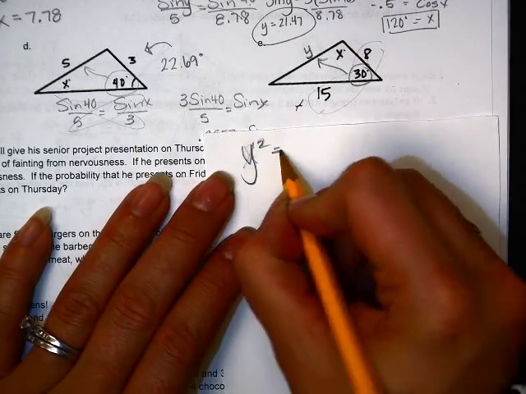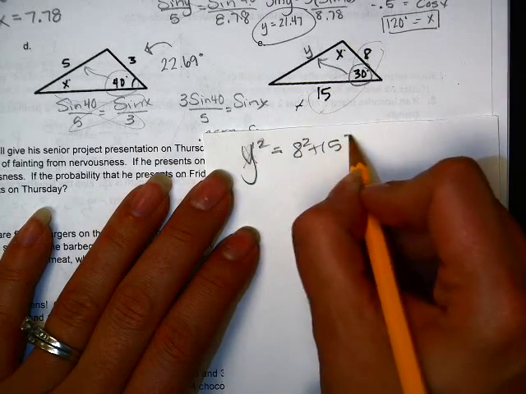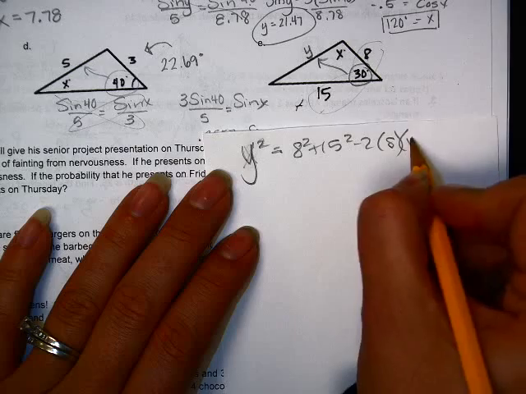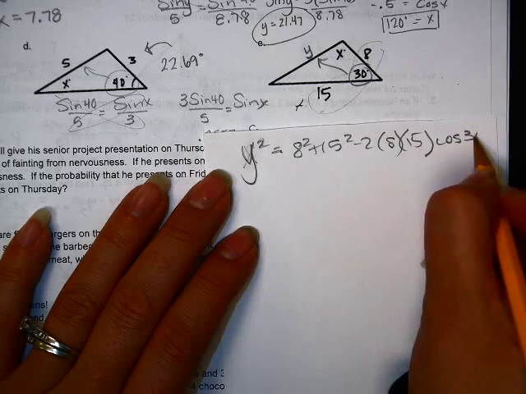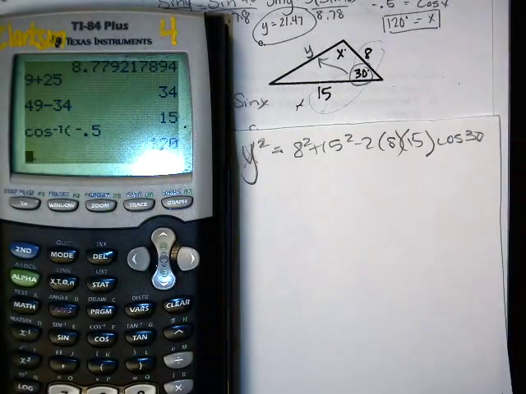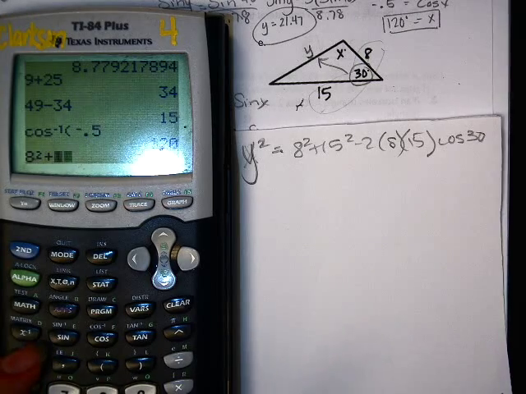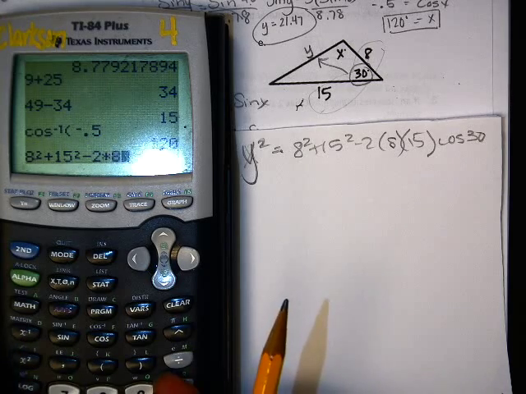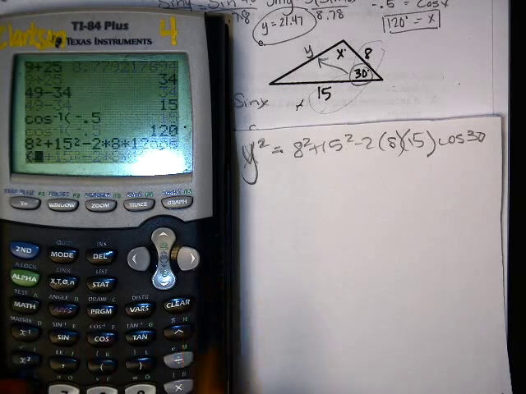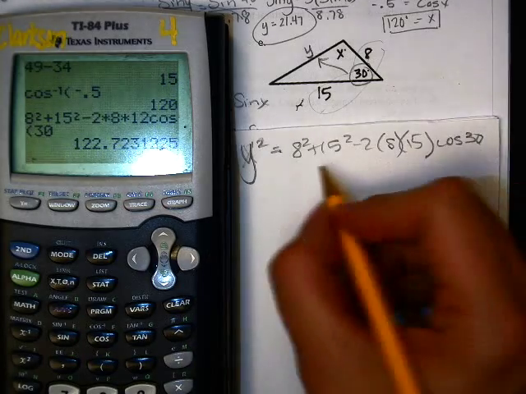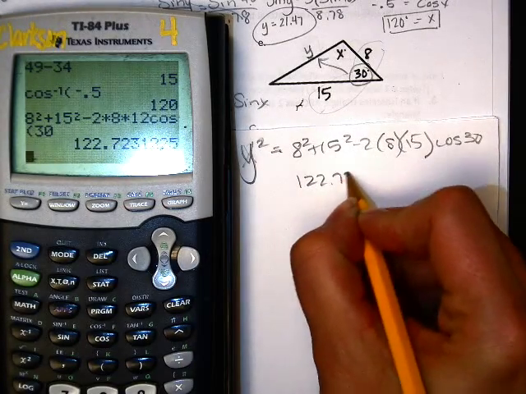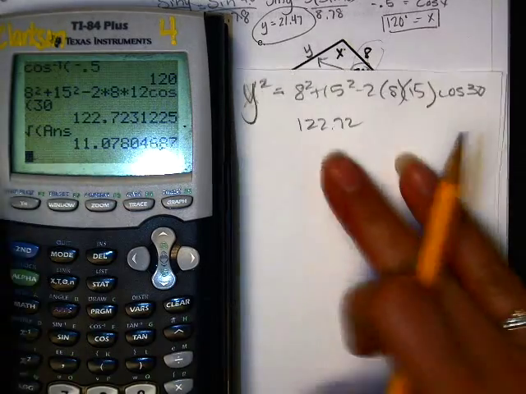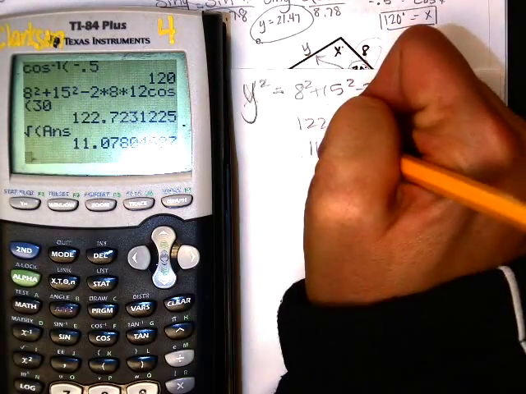Y squared is equal to 8 squared plus 15 squared minus 2 times 8 times 15 times cosine of 30. So I'm just going to plug all of that into my calculator.